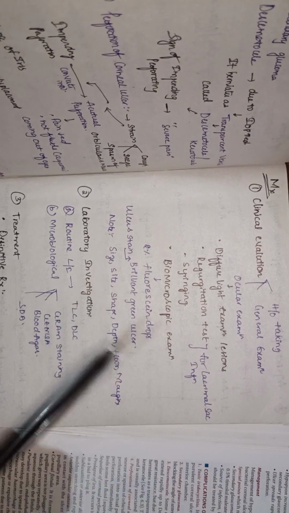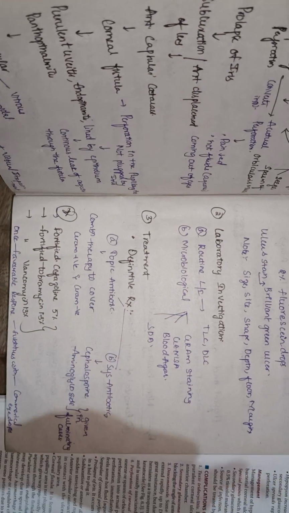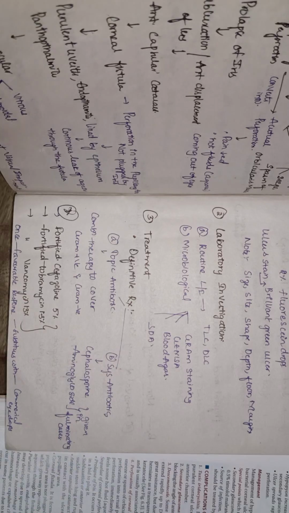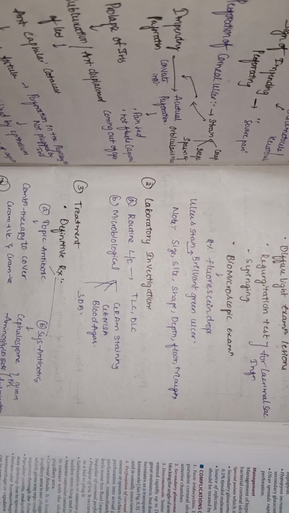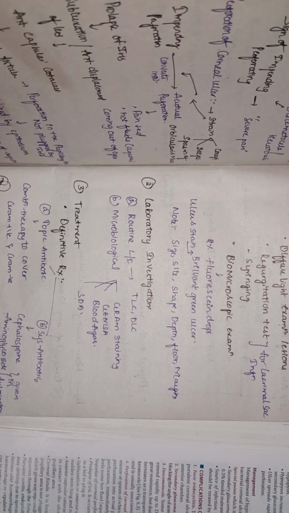Next, laboratory investigations: TLC, DLC, Gram staining, Giemsa staining, blood agar, SDA agar. Sometimes in viva they will ask how you manage it, and you should first say clinical evaluation and laboratory investigations. You should tell DLC, TLC, and microbiological tests like Gram staining, SDA, Giemsa, blood agar.